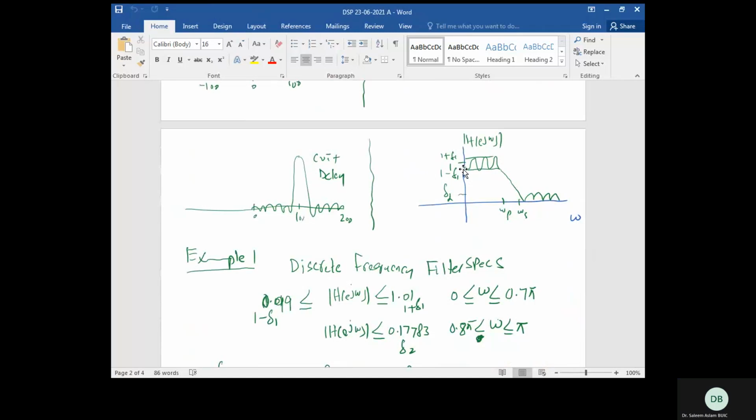And then a transition appears between the pass band and the stop band, right? We can reduce this transition to 0 by increasing the number of samples from 201 to infinity. If we increase the number of samples up to infinity, we may have this ideal situation, like an ideal filter.